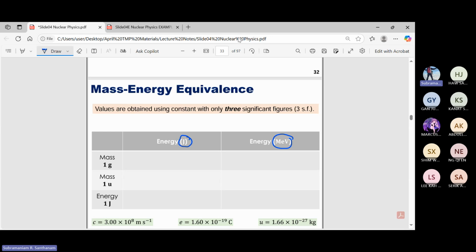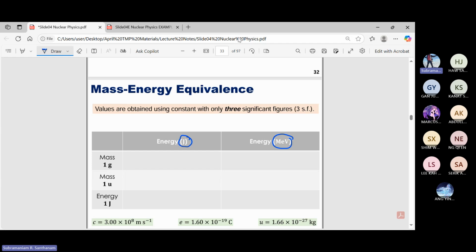I would like you to calculate and fill up the space there, for the mass of 1 kg and for the mass of 1 u, and then the energy. For energy of 1 joule, this is just a conversion, in terms of joules it is just 1 joule.